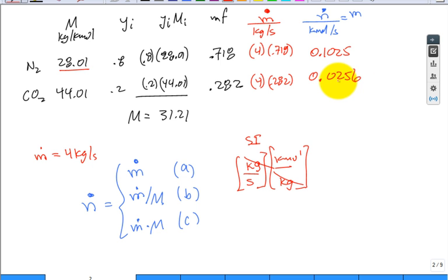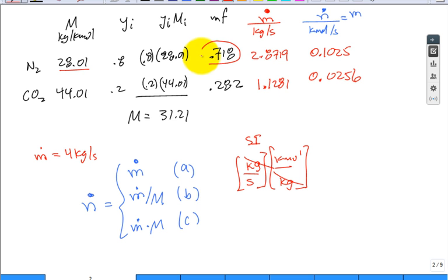I should have had more digits. And likewise for the mass flow rate, that's the mass fraction, 2.8719 kilograms per second, and the mass flow rate of 1.1281 kilograms per second.